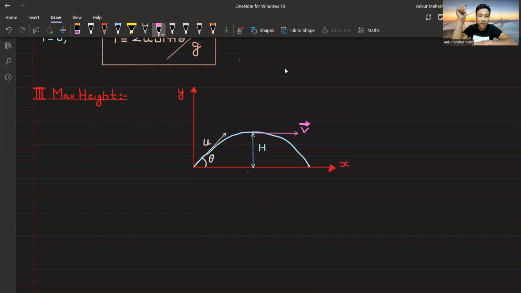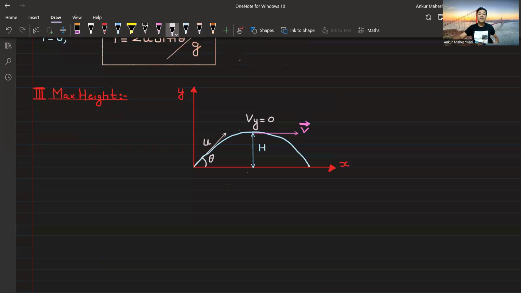Now, guys, as you can see, at the topmost point, the velocity is pointing towards the positive x-axis. That means the net velocity is along the x-axis only. So at the highest point, total velocity is along the x-axis, so its y component is 0.